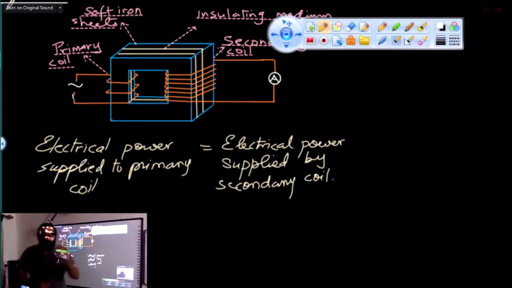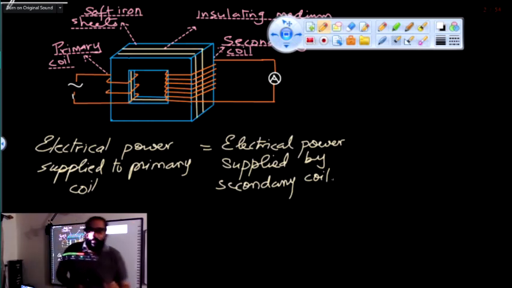Now, a very important thing: potential difference, I've just told you, is electrical energy to do work in order to drive 1 coulomb of charge. So when I say that potential difference is increasing, I'm talking about a step-up transformer. It can increase the potential from low voltage in the primary coil to high voltage in the secondary coil.